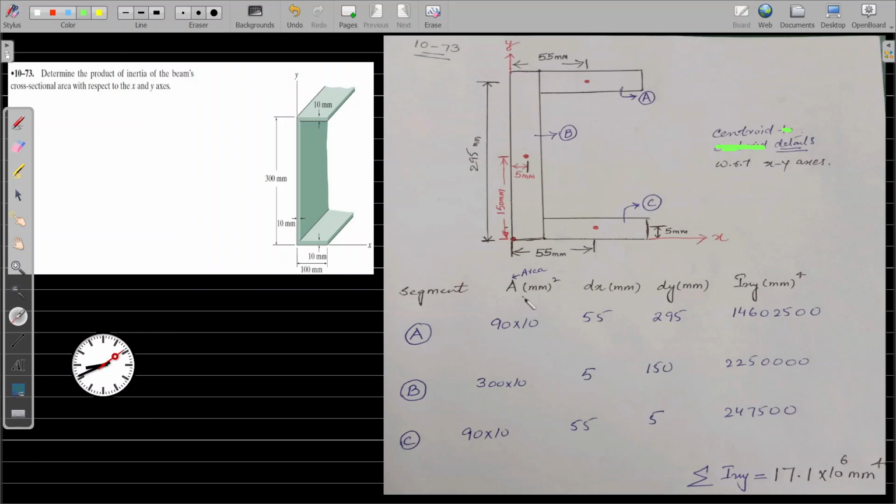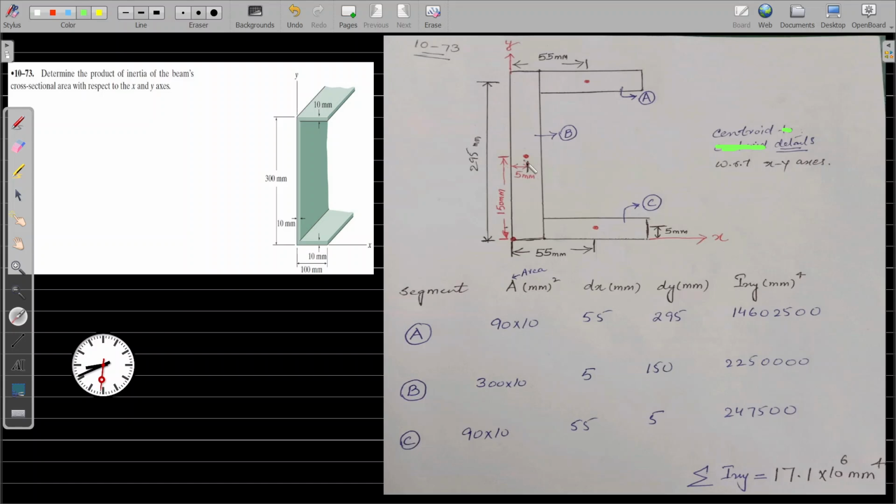And what about B? Now B is the whole section that we have added over here and reduced our flanges. So you can very easily say that the area for the web B is going to be 300 into 10. And what will be the dx of this web?